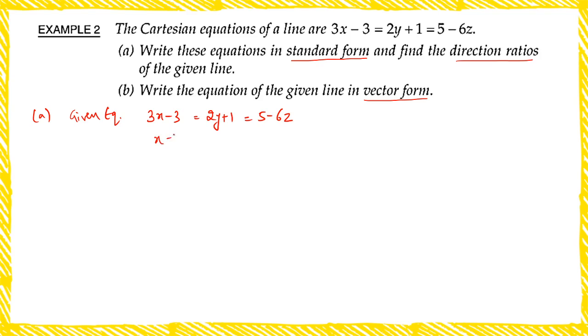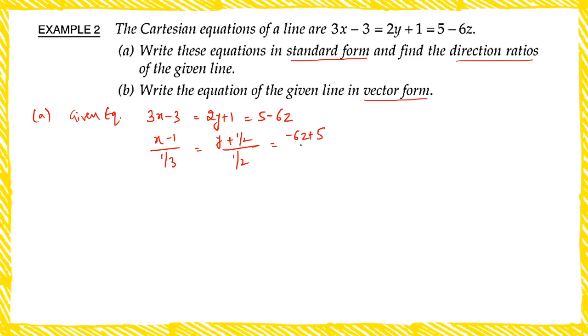It will be x minus 1 upon 1 by 3. And here we can divide by 2, y plus 1 by 2 upon 1 by 2, and here it should be 5 minus 6z, so we can write it as minus 6z plus 5.